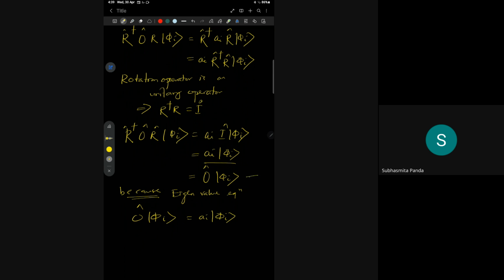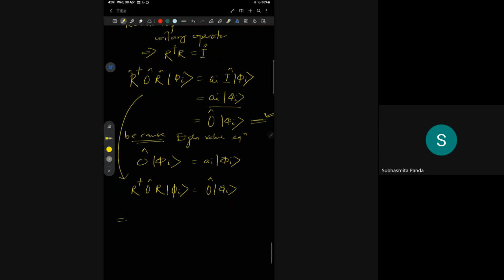So equating to this equation, R dagger O R phi I is equal to O phi I. This implies R dagger O R will be equal to O.